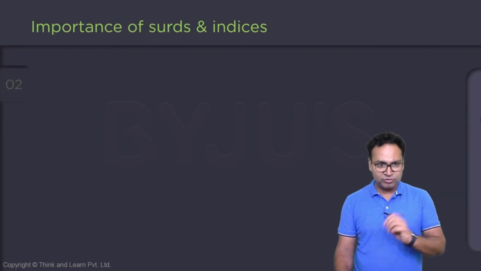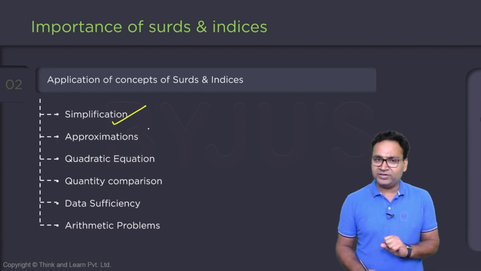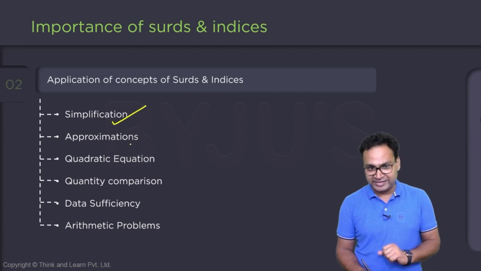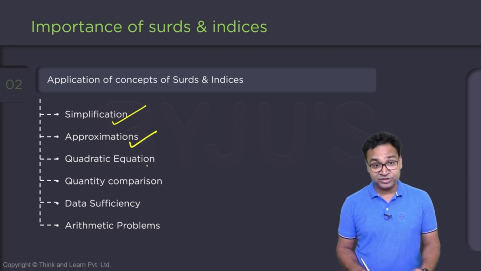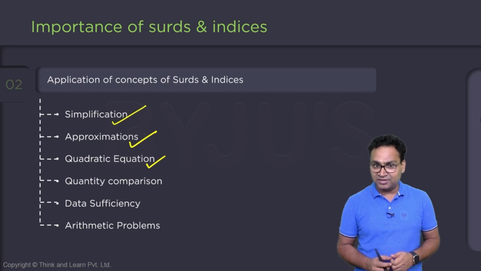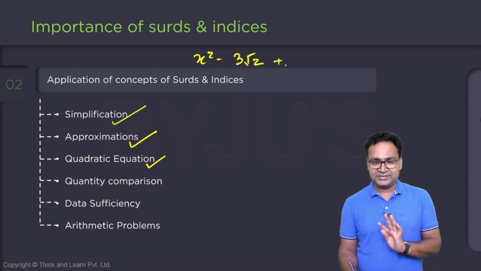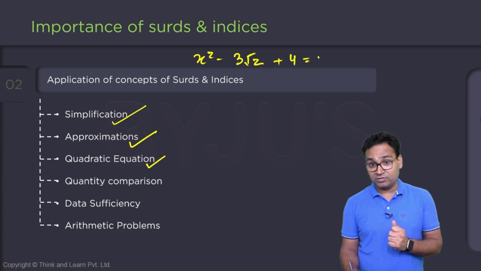If I talk about the importance part, it is applicable in simplification, as I told you in the initial part of the session. Simplification and approximation. Quadratic equations can also be based on surds, right? Something like x square minus 3 root 2 x plus 4 is equal to 0.